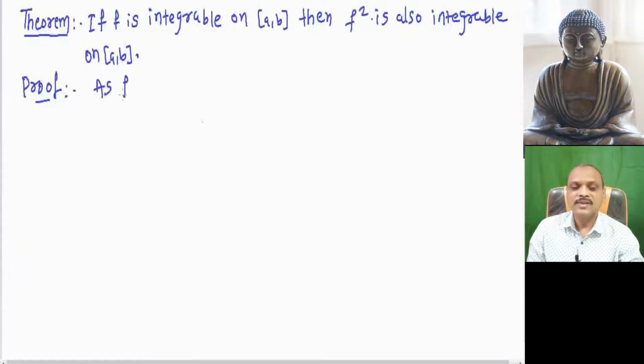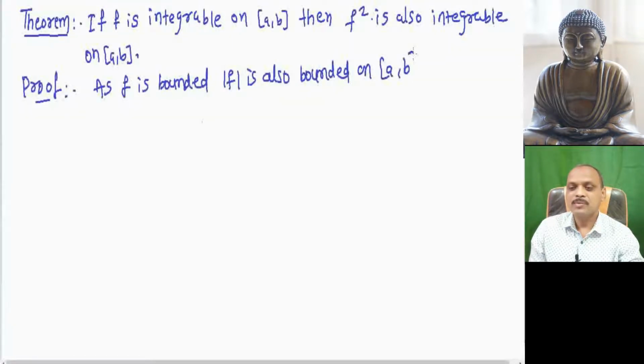As f is integrable, f is bounded, and mod f is also bounded on the closed interval a comma b, and as the function is bounded, there exists a number k such that mod of f of x is less than or equal to k for all x belonging to the closed interval a comma b.